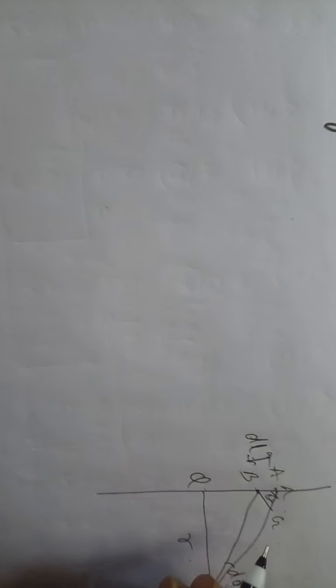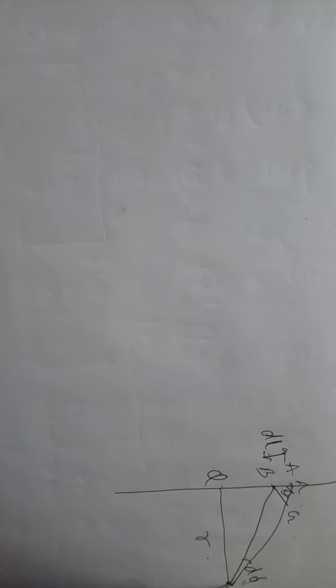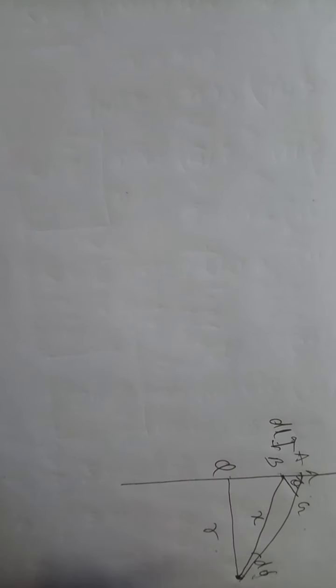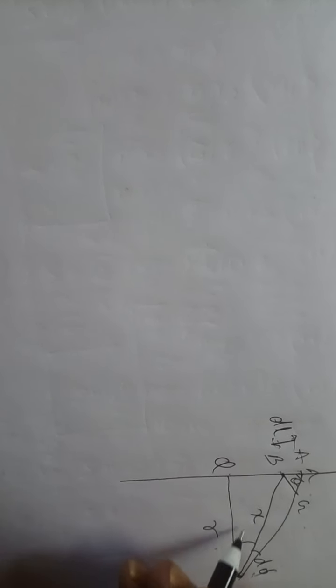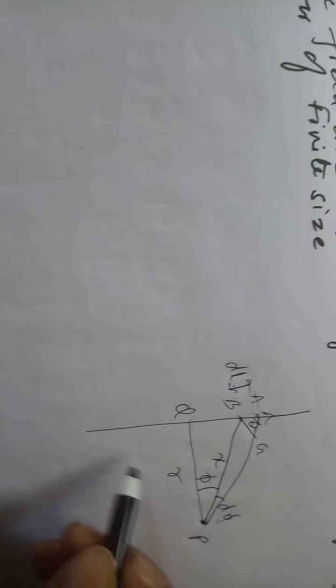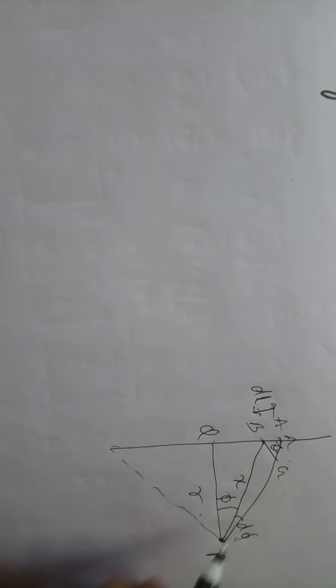Let us assume this makes an angle theta, and the elementary distance which we have considered from the point P, let us assume this distance as x. The angle which it makes is phi, and since we have to take the finite condition, we will be taking the extreme ends. So this is one of the angles.